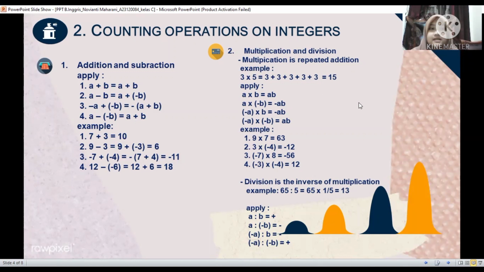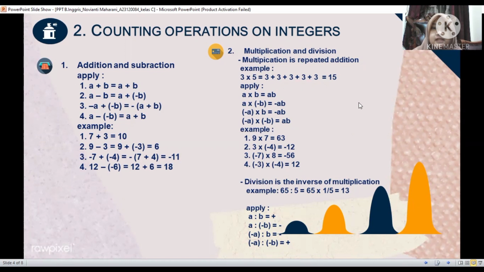Negative 7 plus negative 4 equals negative in brackets 7 plus 4 equals negative 11. 4. 12 minus negative 6 equals 12 plus 6 equals 18.